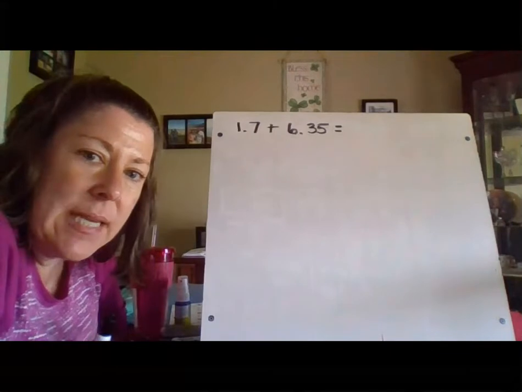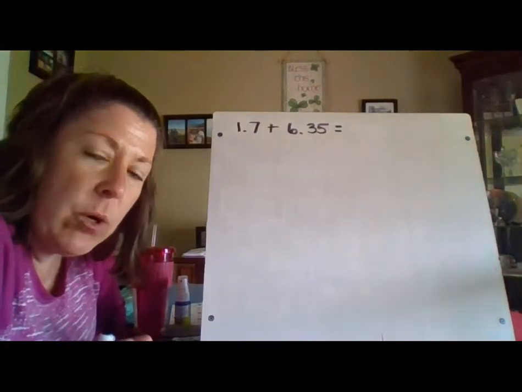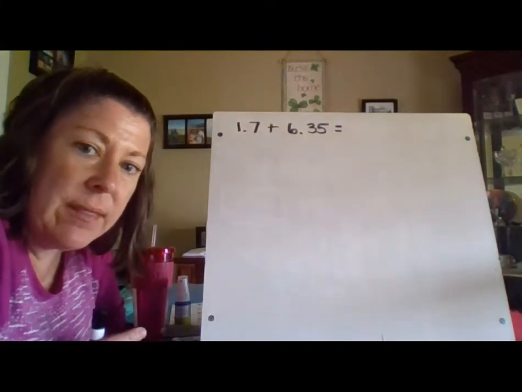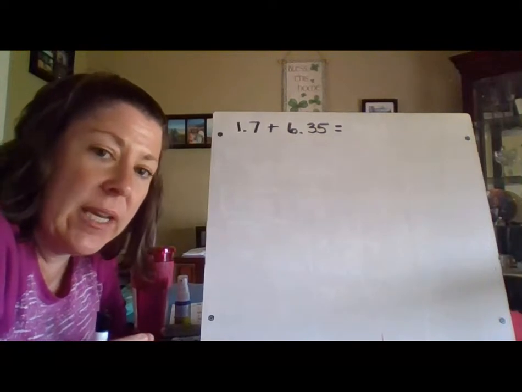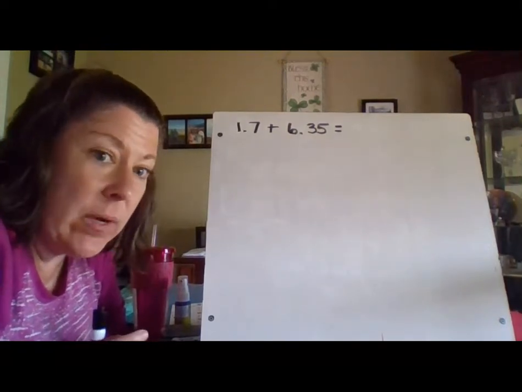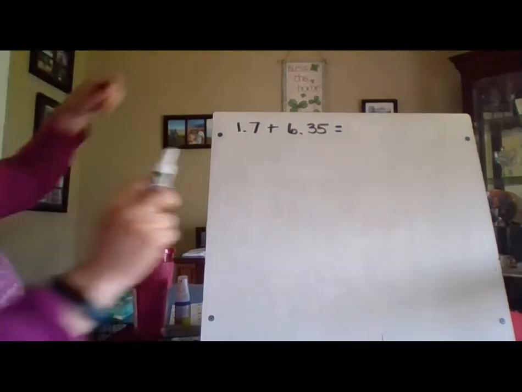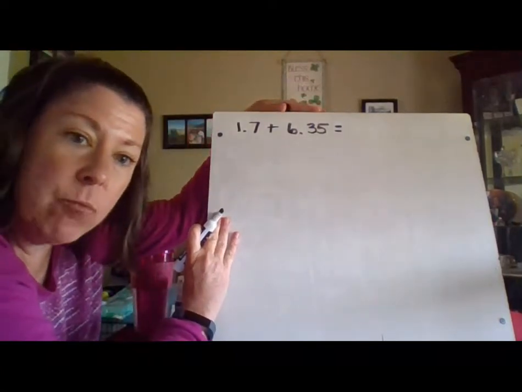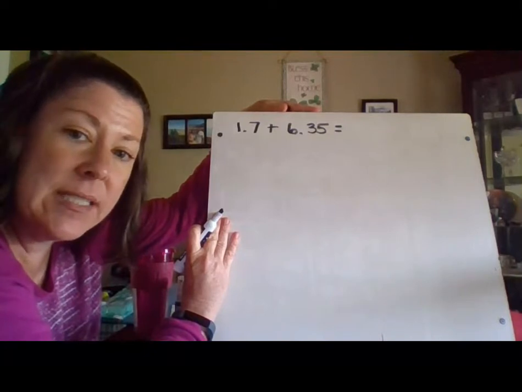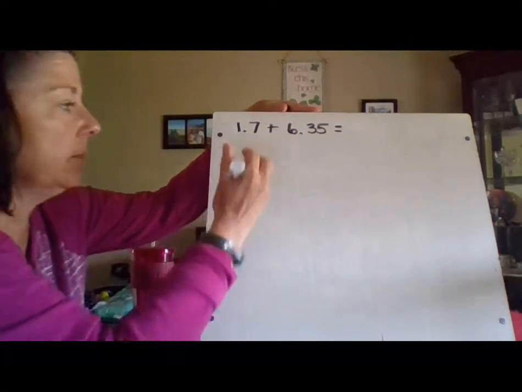Now let's do some examples where we're going to end up with an improper fraction in our answer, and then we're going to have to do a little bit extra work. So I have 1 and 7/10 plus 6 and 35 hundredths.